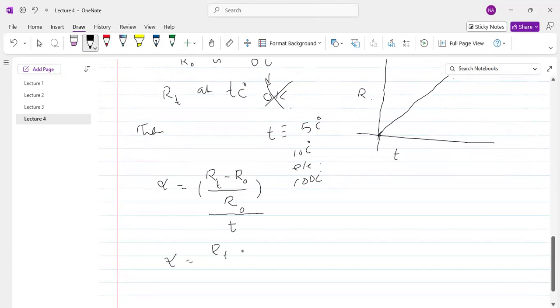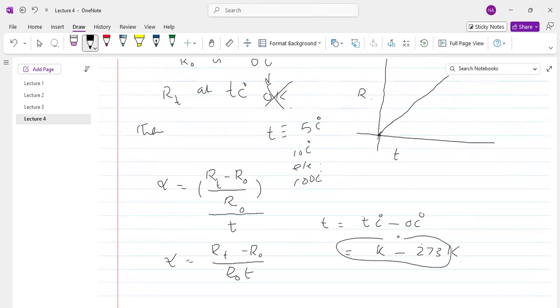So in general, it is written as alpha equals RT minus R naught over R naught into T. Mind it, here T is the change in temperature, that is T degree C minus 0 degree C. You can also write the corresponding temperature in Kelvin minus the temperature corresponding to 0 degree C, that is 273 Kelvin.